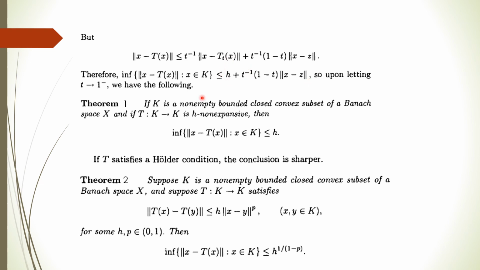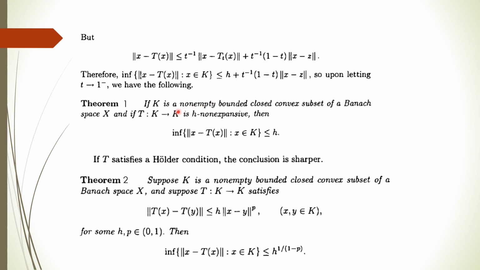But when you take t tending to 1 from its left side, this number goes to 0 and you will get h only. So this thing we had to prove, and so this proves the result.